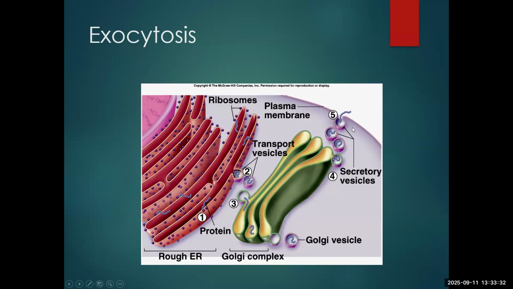Because they are composed of phospholipids, they can fuse with the plasma membrane just like two soap bubbles can fuse together. When they do, they can release whatever they have inside them to the outside of the cell. So this is a way that a cell can produce something that you might need in other parts of the body.